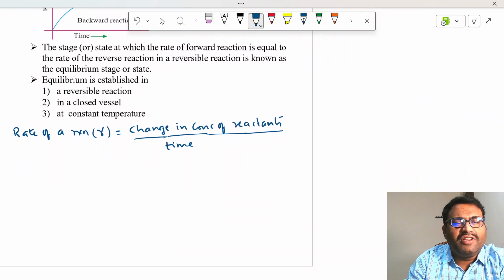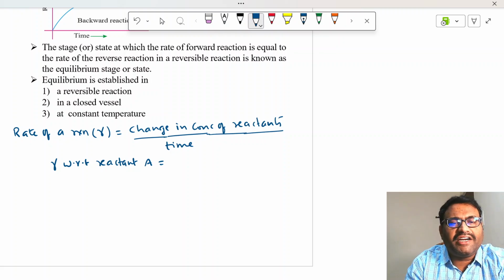For example, in 10 seconds, the rate r with respect to reactant A: change in the concentration of the reactant. Change means I write delta.